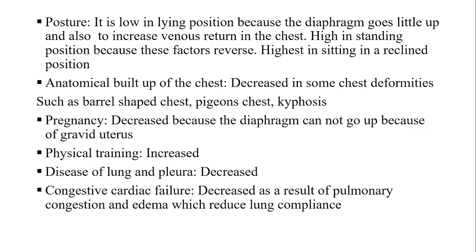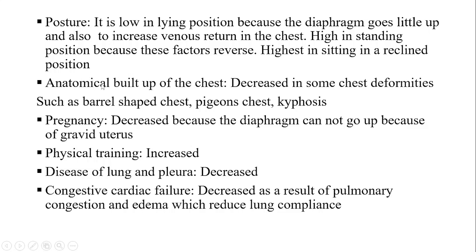So it will congest the chest and decrease the space in the intrathoracic space, so it will decrease the vital capacity. And it's high in standing position because the diaphragm will go down, and also the venous return will decrease, so there is increase in intrathoracic volume, so there is more space for the air to enter. And it's highest in sitting position or in slightly reclined position.